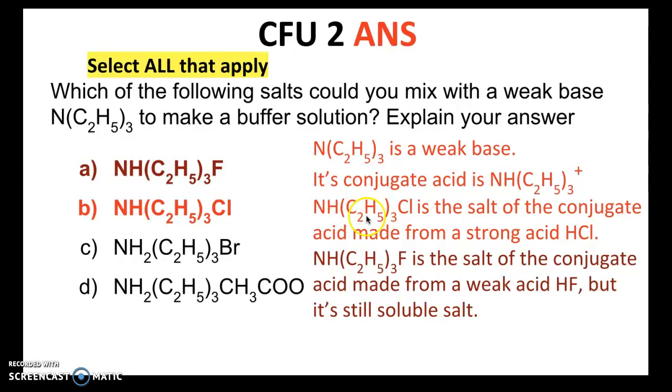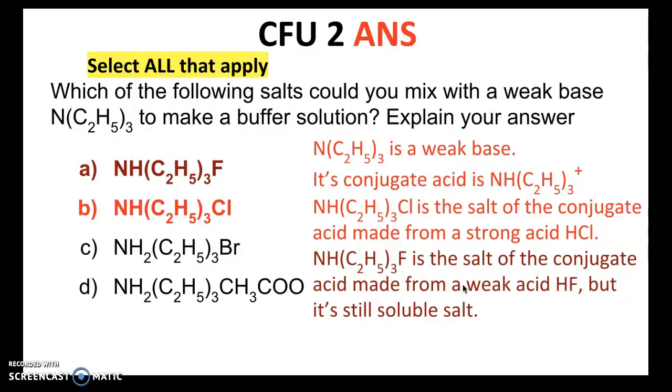Remember, hydrochloric acid is a strong acid. On the other hand, A can be made from mixing triethylamine with a weak acid, HF, and is still a salt that you can use to make the buffer solution, because even though you could make it from a weak acid, the salt is soluble.